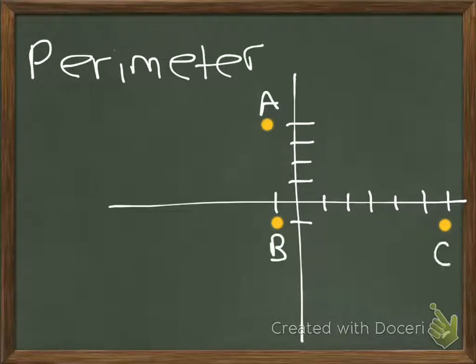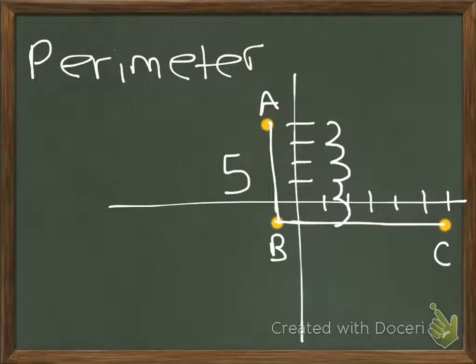If we connect it, we actually have 2 sides there given to us that we can just count because they're straight up and down. They're vertical and horizontal, so we can just count the units instead of using the distance formula. So that would give us 1, 2, 3, 1, 2, 3, 4, 5 for this side.